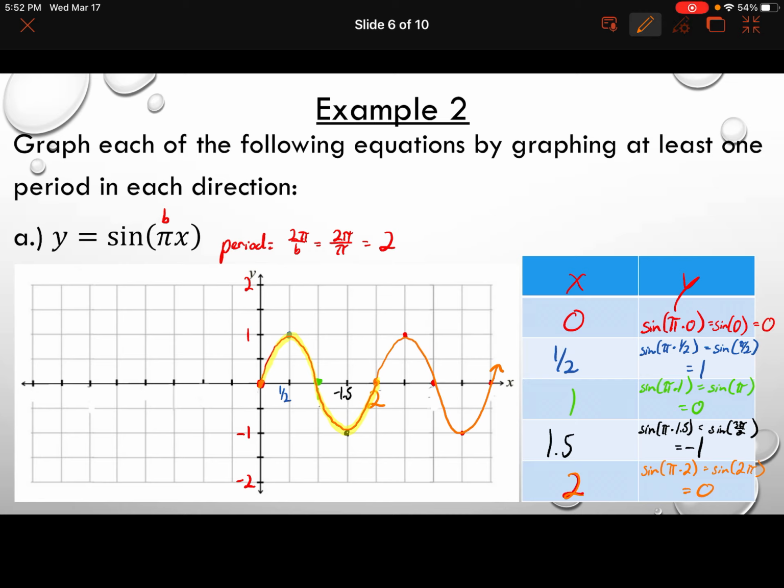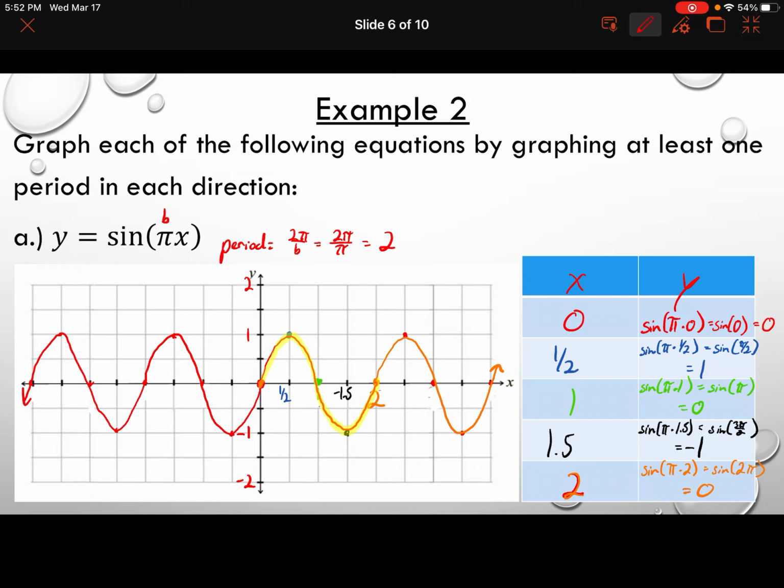If we wanted to go more to the left, we could do that too. So our graph would go down, then up, then down again. And then down, then up, then down again. So there you go.